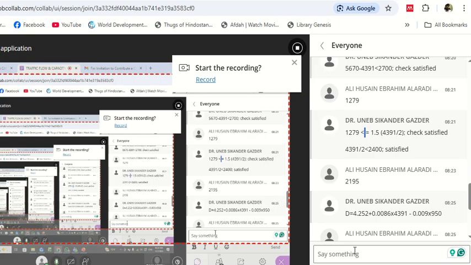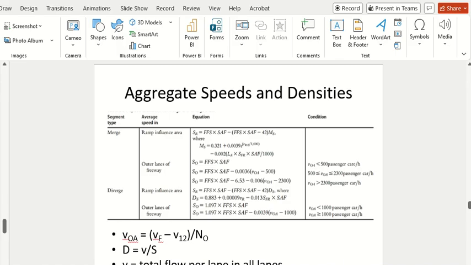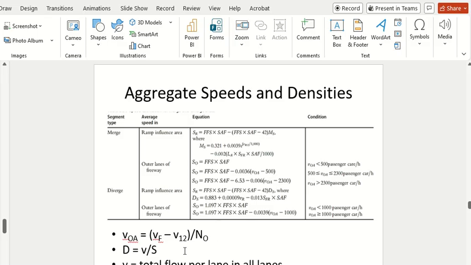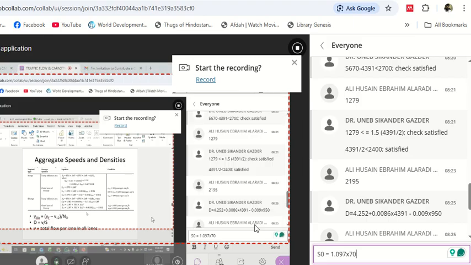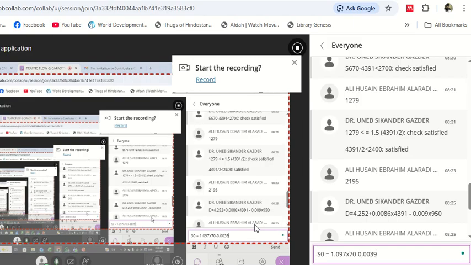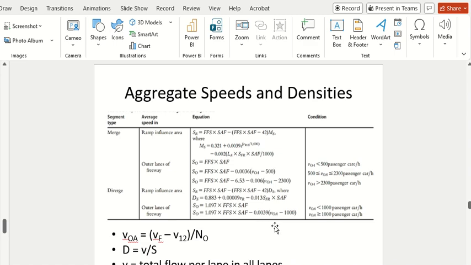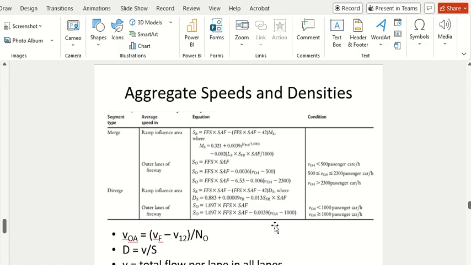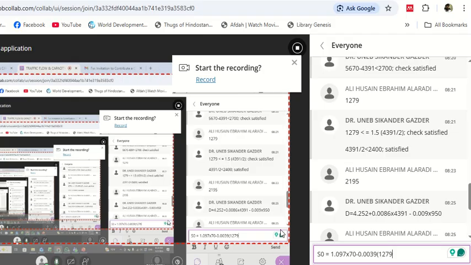So speed in the outer lane equals 1.097 into 70 minus 0.0039 into 1279, the flow rate in the outer lane, minus 1000. How much is this?